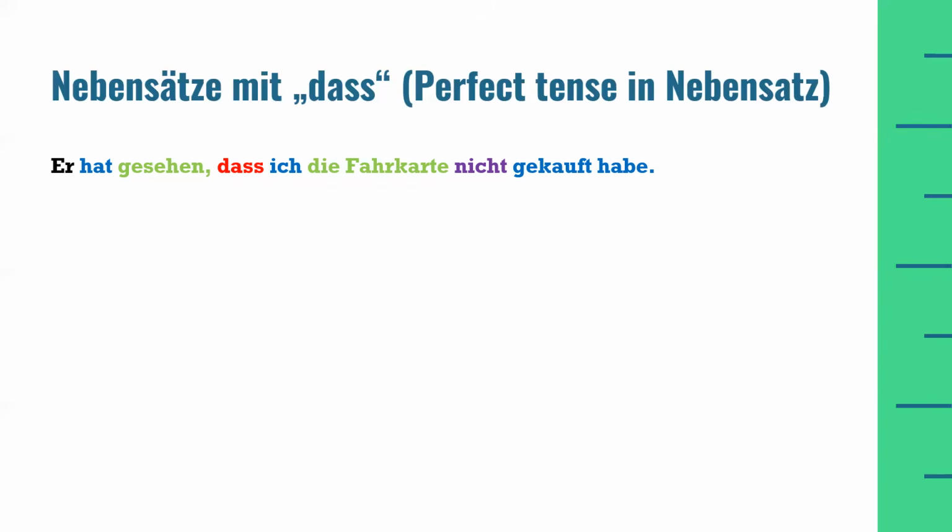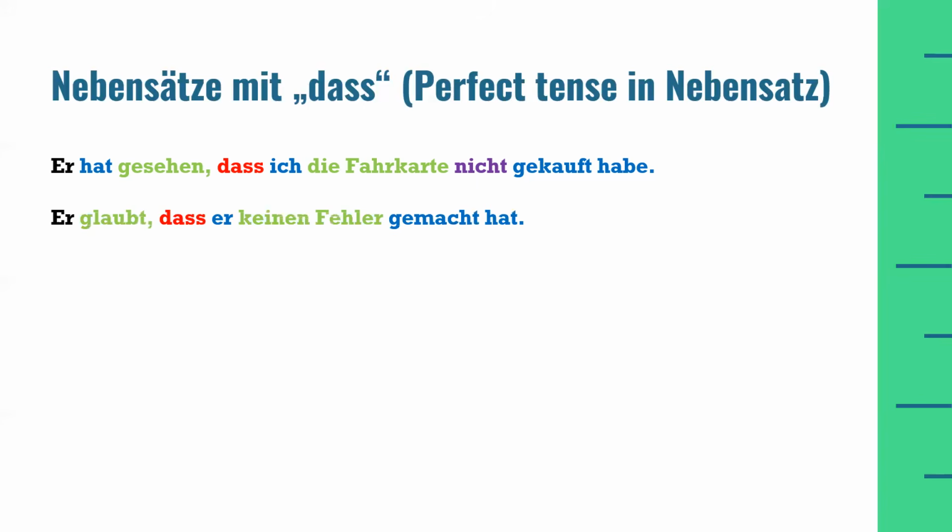So we will use the definite article die for Fahrkarte, which is a feminine noun. Nicht gekauft. Gekauft is the participle two form of kaufen, and habe is the conjugated form of haben for the subject ich. So here we have conjugated the haben verb according to the subject ich, and we have used the participle two form of the main verb.